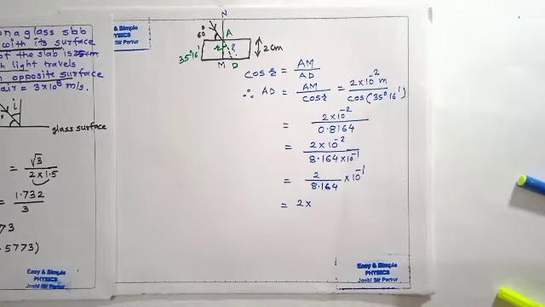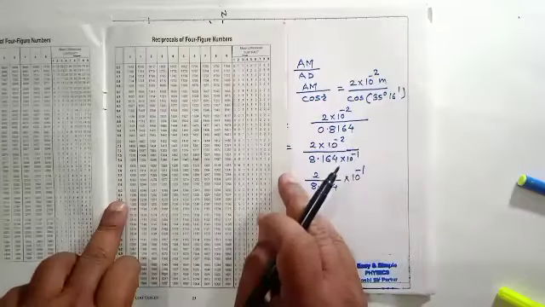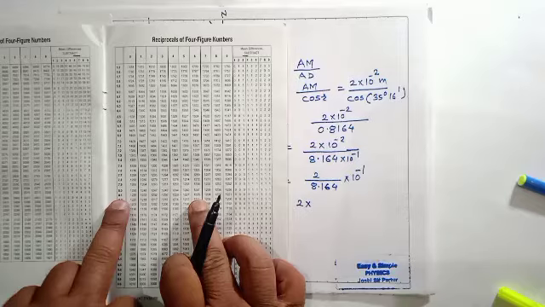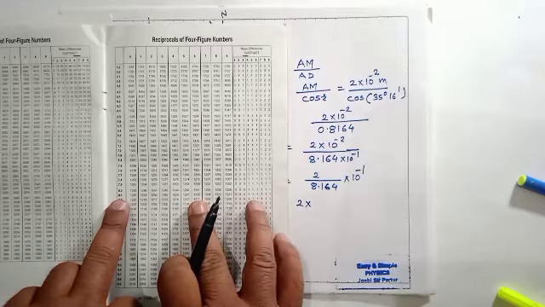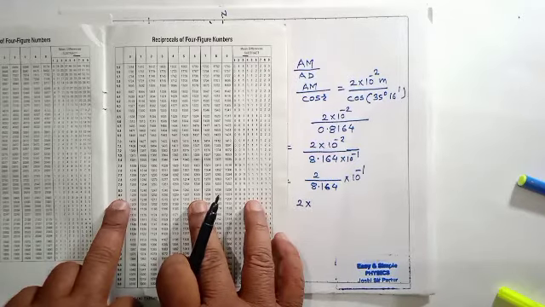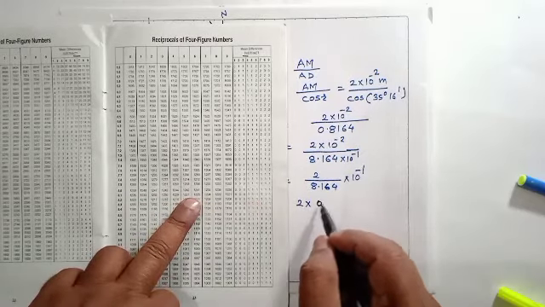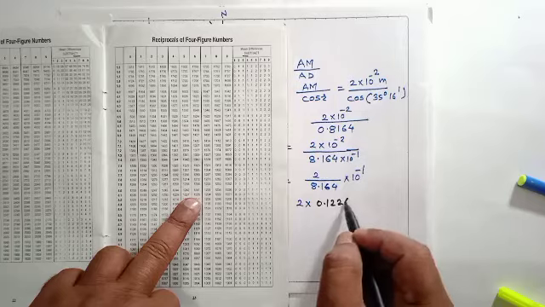So we can find its reciprocal, and the reciprocal of 8.1 in 6 is 0.1225, and in 4 it will be 1. 1 will be subtracted. So here it will be 0.1224.